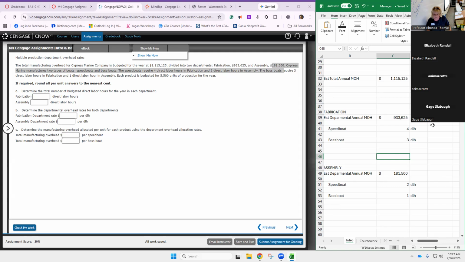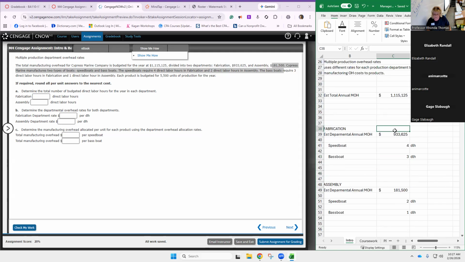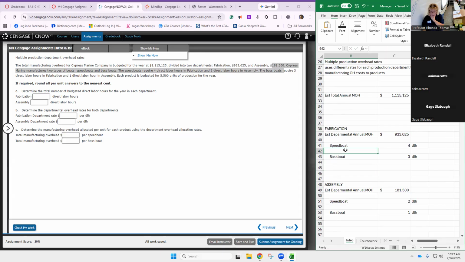And so I'm going to put 5,500 up here, production in units. So this is an estimate too. Okay, and that same number goes here. Oh, that's per boat. Sorry about that. Let's go ahead and put that under here. So one more time, 5,500 units of production.